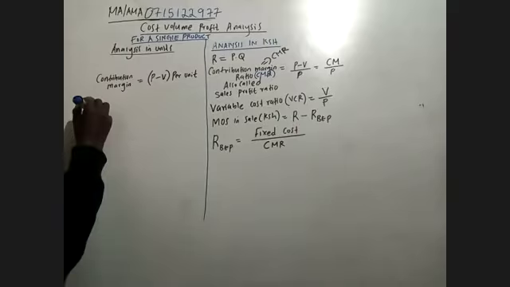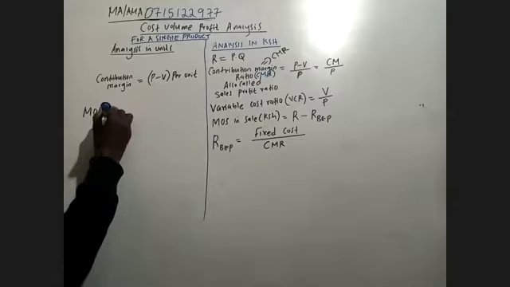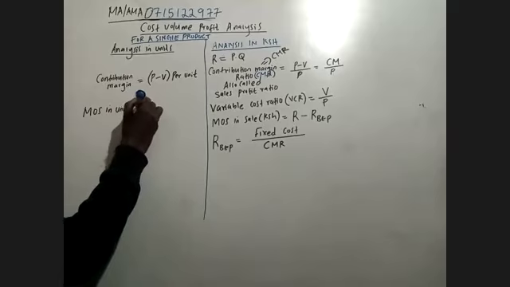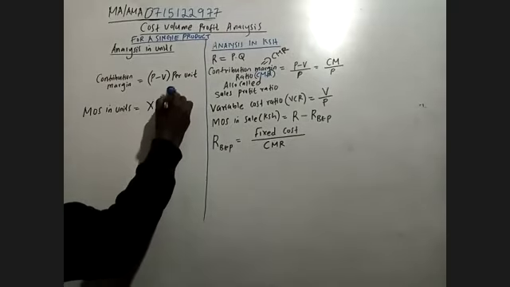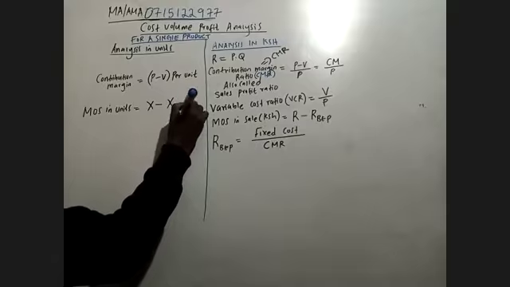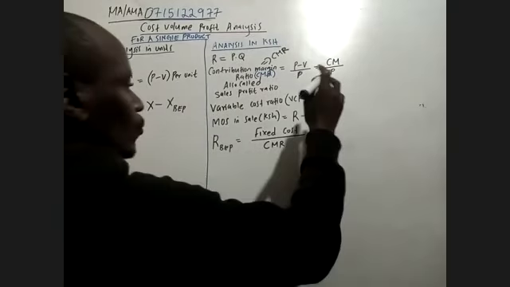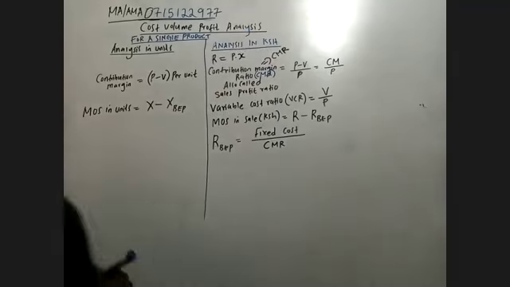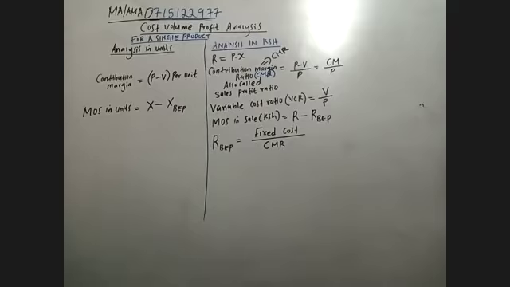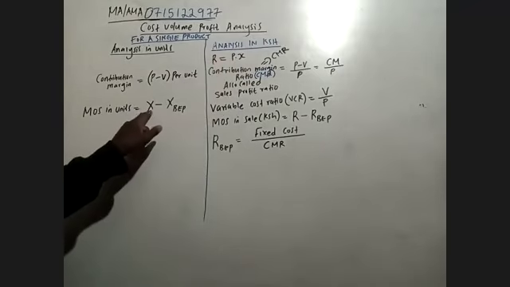Now, margin of safety in units is equal to X minus X BEP. Hapa tutumie X. Let us use this one X, this will confuse. X equal units. So tumia hapa revenue ni P times X. So X is the number of units.